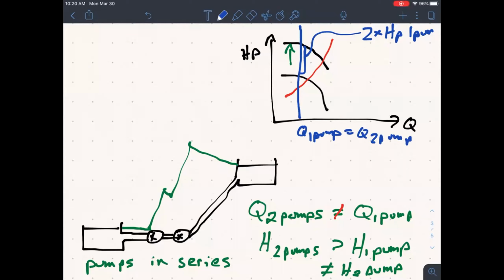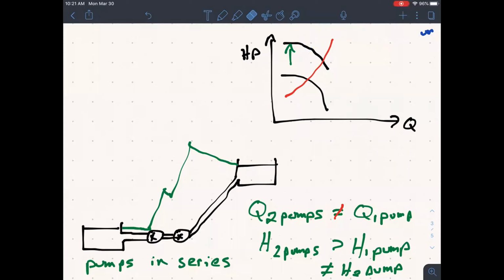So we're kind of dealing with two different things here. So the pump curve shifts up vertically. And now, because we have a new match point, this is our match point 1, this is our match point 2.